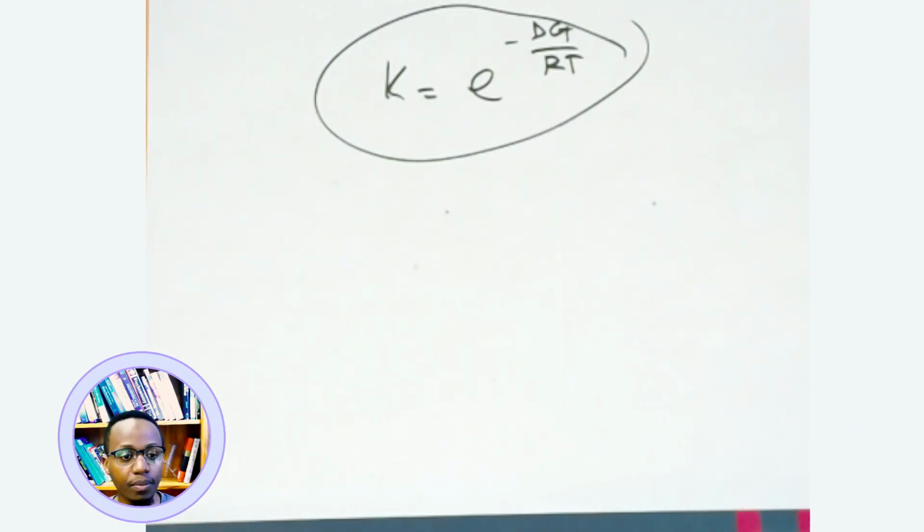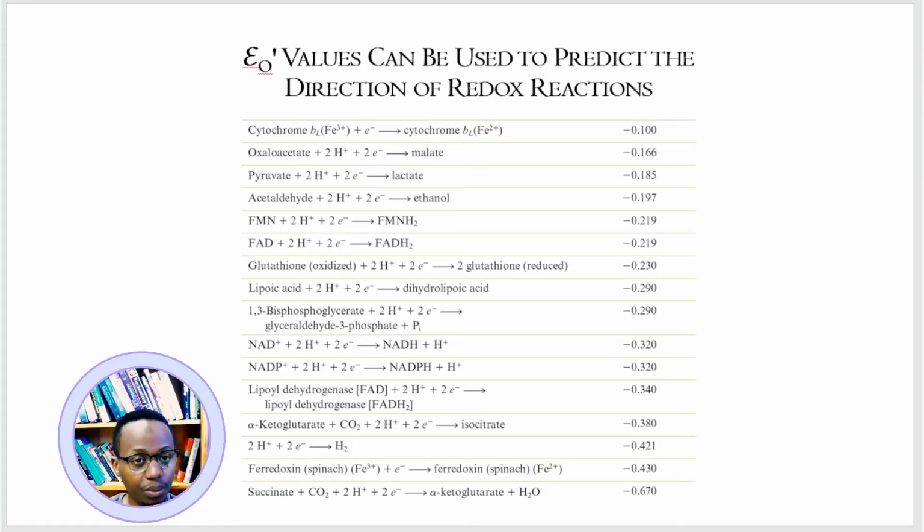So that's how you find, when given an equation, the potential, delta G, and K. Make sure that you know how to practice that.